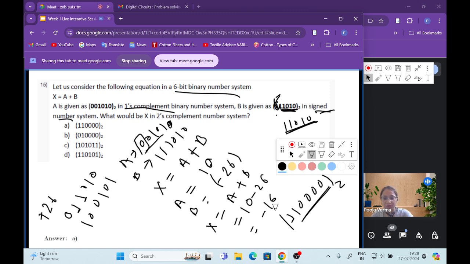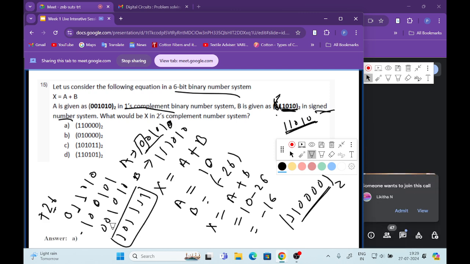Let me complete it, then I will give you all answers. So it is the ones complement of 26. Now a is also given in ones complement form, right? So just add this with a, because x is equal to a plus b. 0 0 1 0 1 0 plus 1 0 0 1 0 1, we will get 1 1 1 1 1 1.